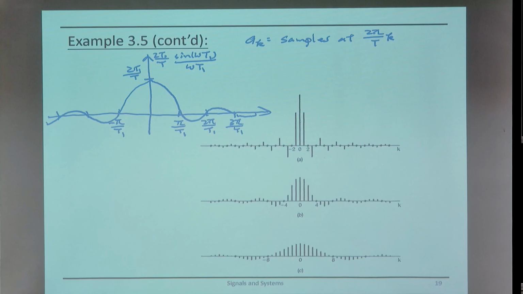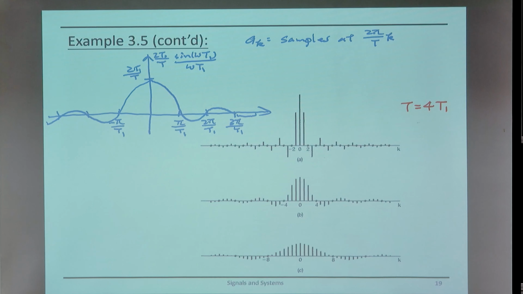Now let's first consider the example where T is equal to 4T1.